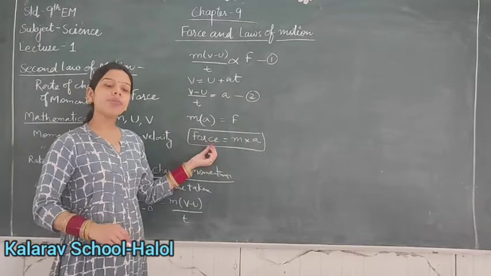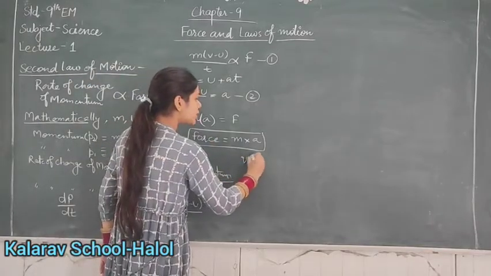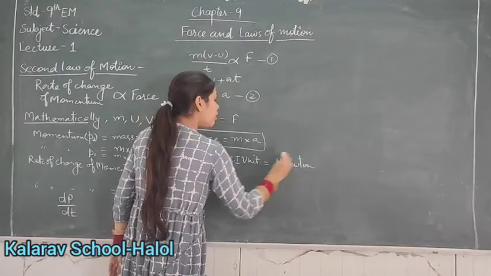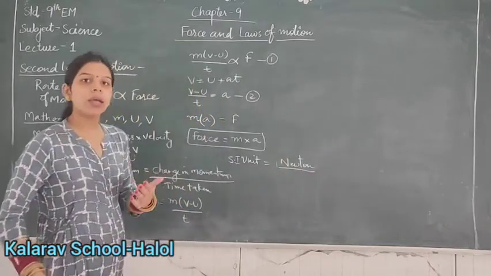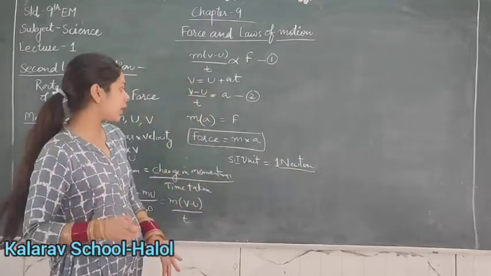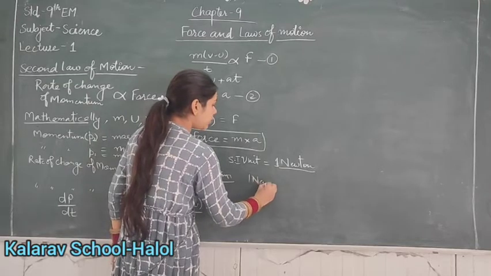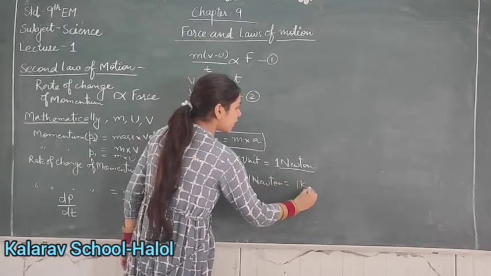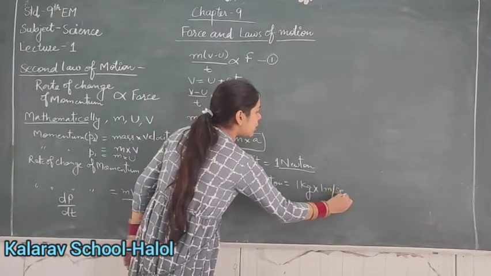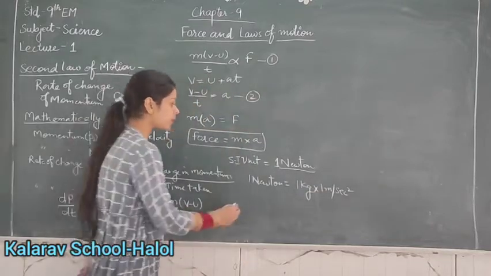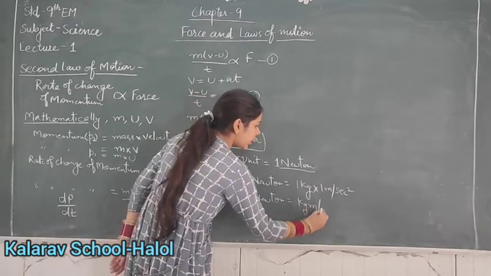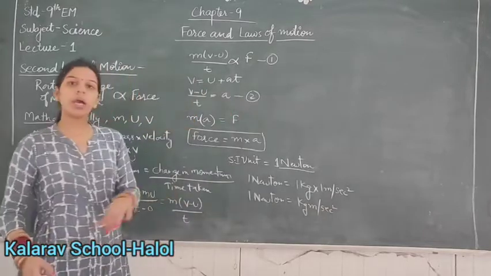The SI unit of force is the Newton. Let us define 1 Newton. 1 Newton is equal to 1 kg, that is a mass of 1 kg, with an acceleration of 1 meter per second squared. So 1 Newton equals 1 kg meter per second squared.